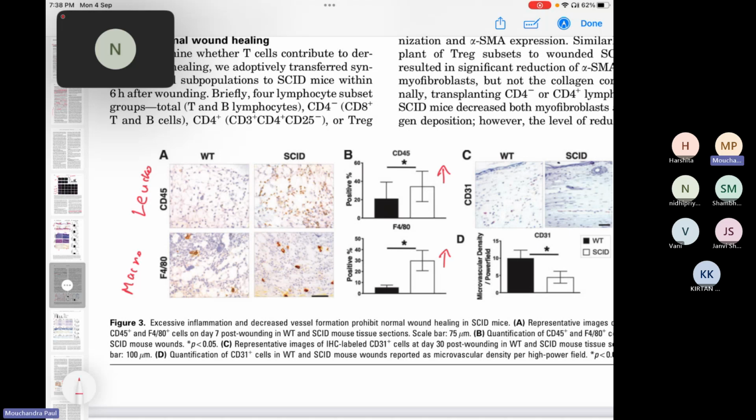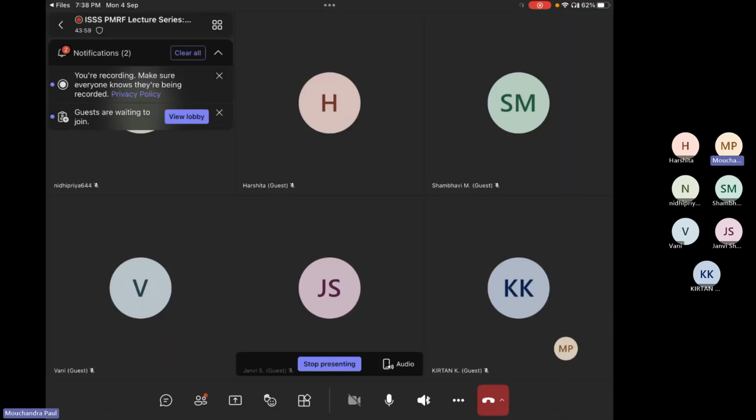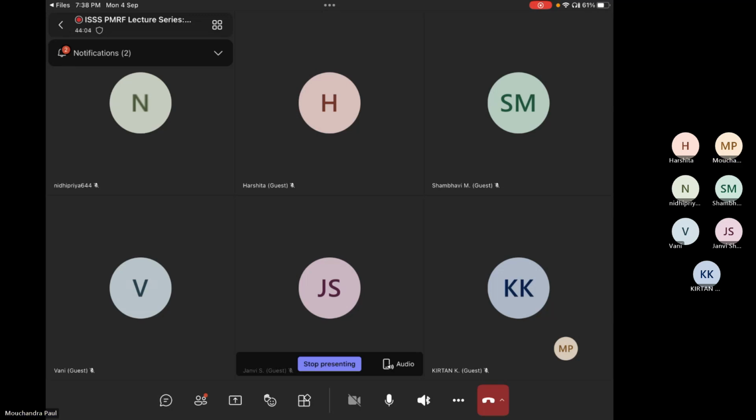In wild type, which has lymphocytes as well, the activity or the percentage of the leukocytes or the macrophages is not that much. So in SCID mice, the entire inflammation process is predominantly controlled by these two cell types.